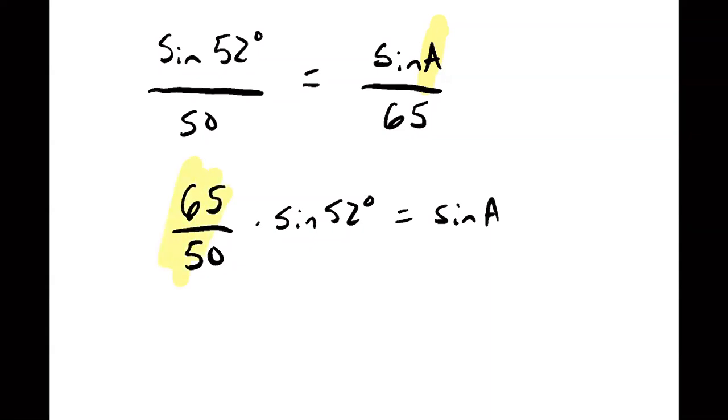Simplifying the coefficient in front, this is 1.3 times sine of 52 degrees.